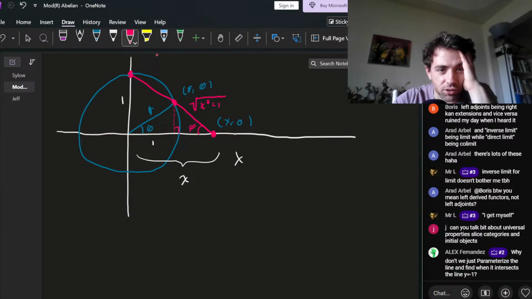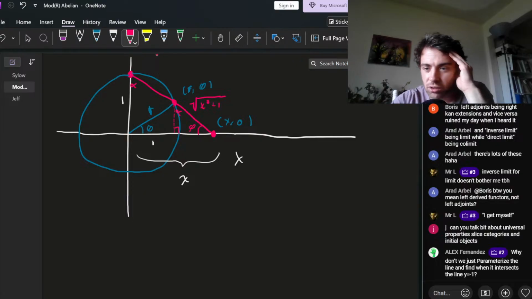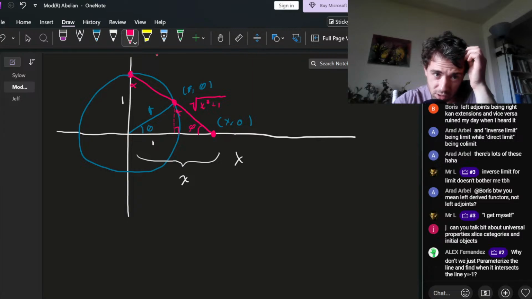And so this is here, and then this is alpha. So then this one also has to be alpha. I guess we want to try and find the height of this point here. Why is this hard? Why don't we just parameterize the line and find when it intersects y equals -1?